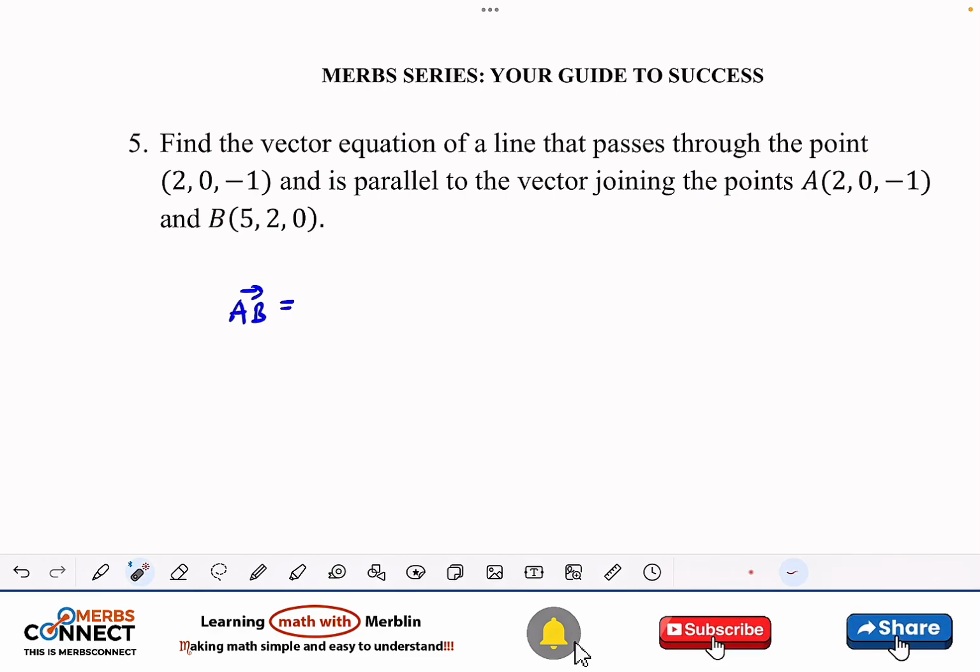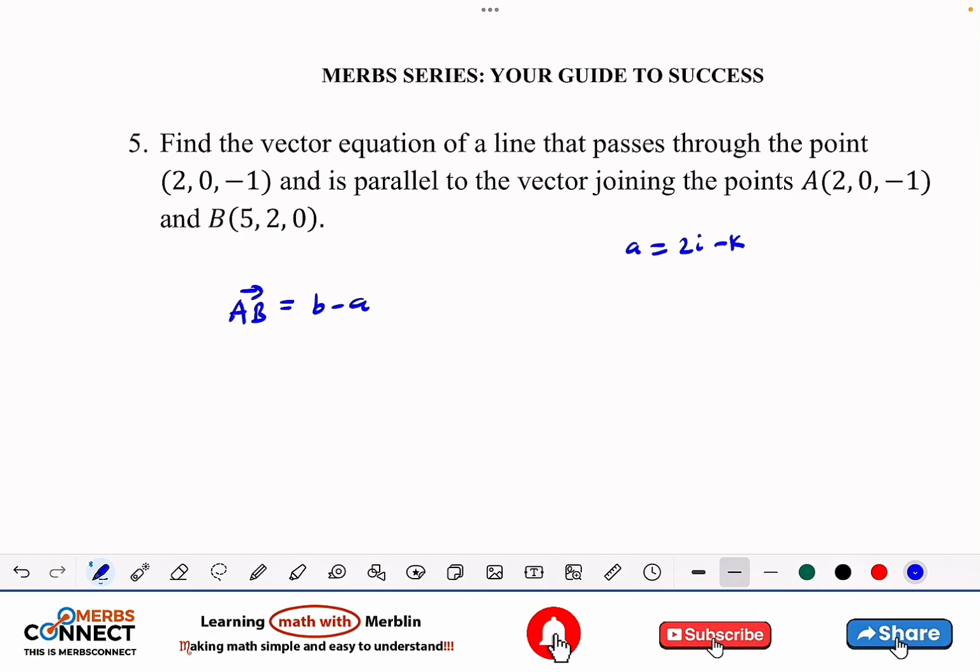to combine these two vectors, this and that. So this is equal to small b minus small a. Now small a will be 2i minus k, and small b will be 5i plus 2j. So let's do that.